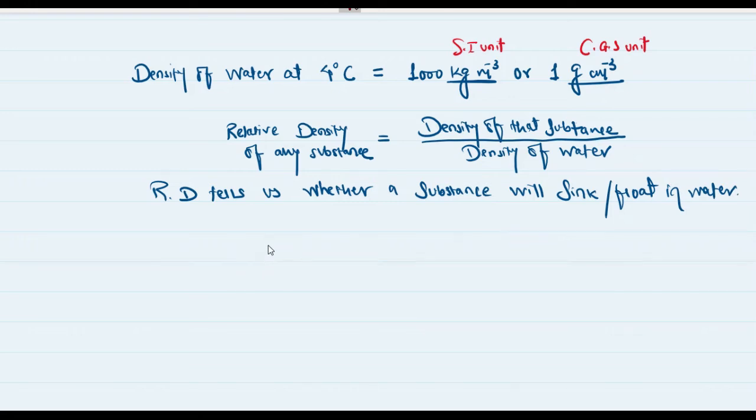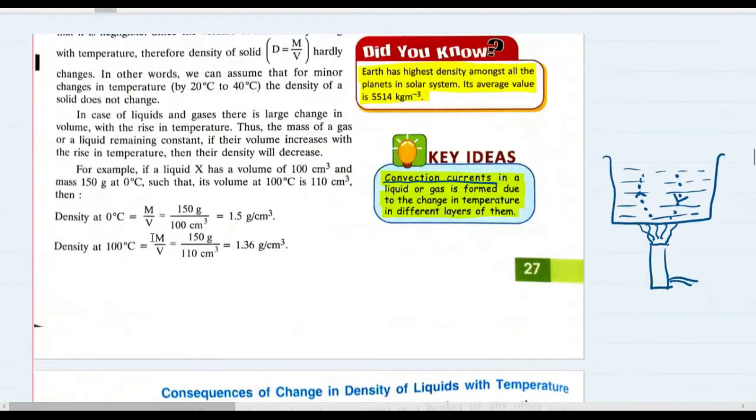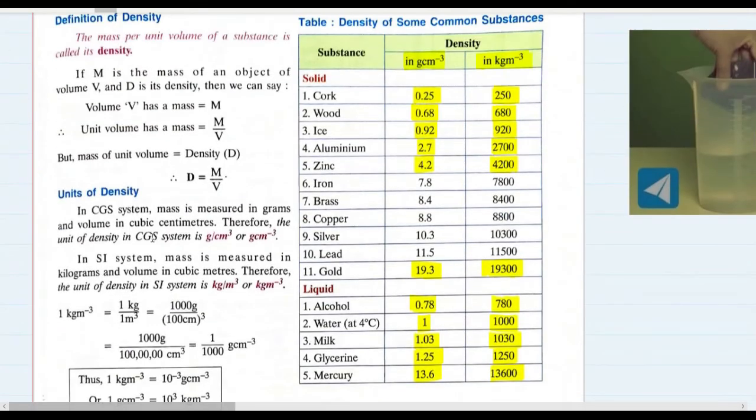Okay, let's take an example. Let's find relative density of wood. What is relative density of wood? Density of wood upon density of water. Now let's find what is the density of wood. From the table, we already have a table.